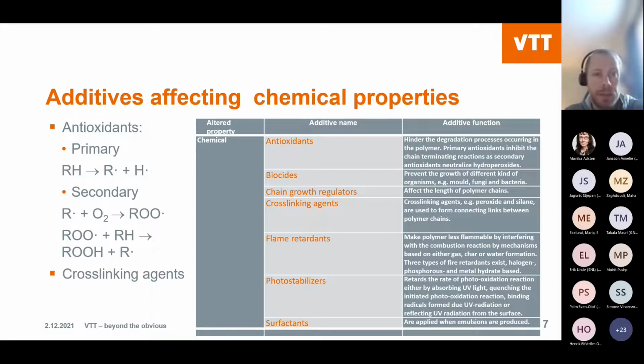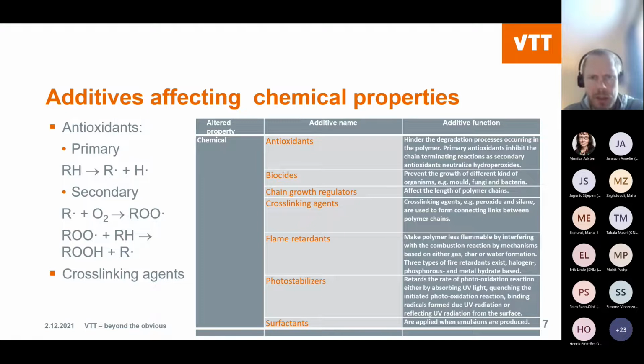And here we have two different types of antioxidants. We have the primary antioxidants, which will interfere with the direct oxidation reaction, and then the secondary antioxidants, which will prevent the oxidation caused by the oxidation products itself.